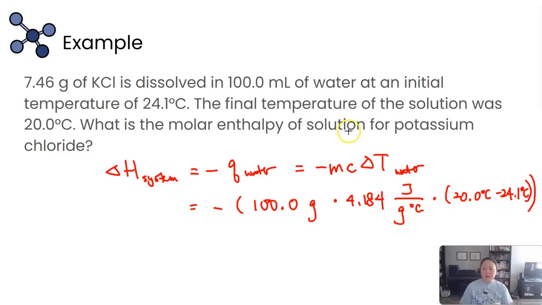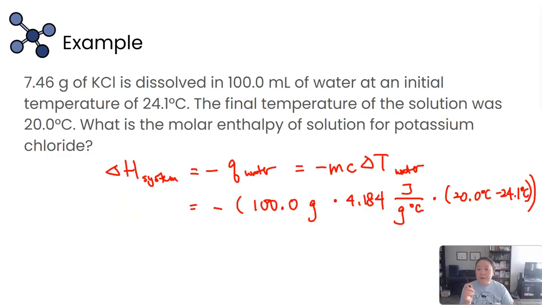Now if you take a look at what's going on here, you're going to notice the final temperature is actually lower than the initial temperature. So this is going to give you a negative number, which will make this entire thing positive, and so this whole reaction is endothermic.